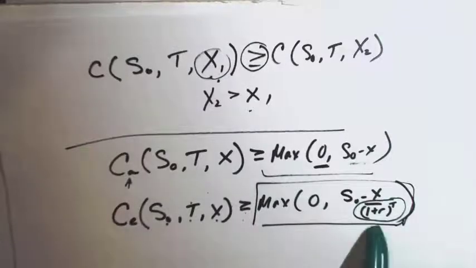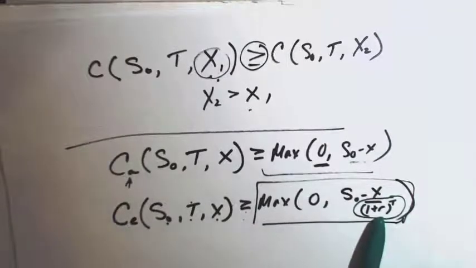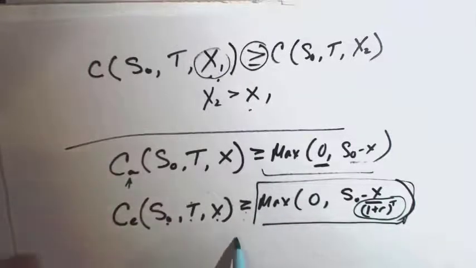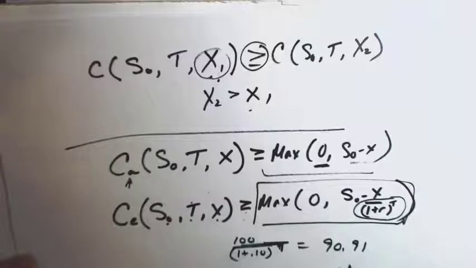And so what that says, and if you remember your basic finance course, this whole term is nothing but the present value of the strike. It's the present value of the strike price. So if the strike price was 100, for example, and if the interest rate was 10%, and you take it to the 1 power for T, which is equal to 1 if you had a 1-year option, then the present value is $90.91.